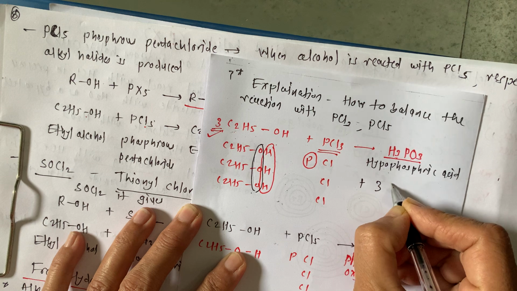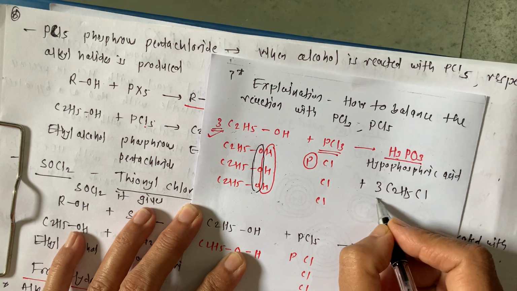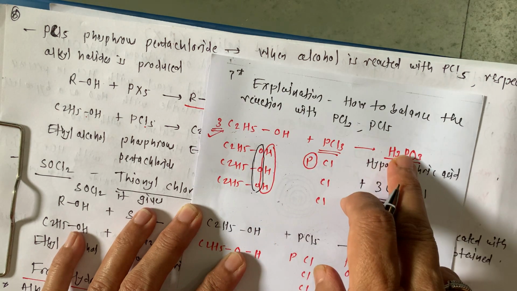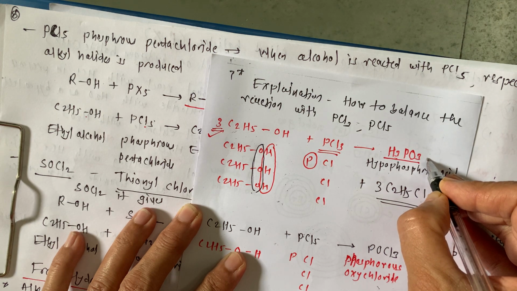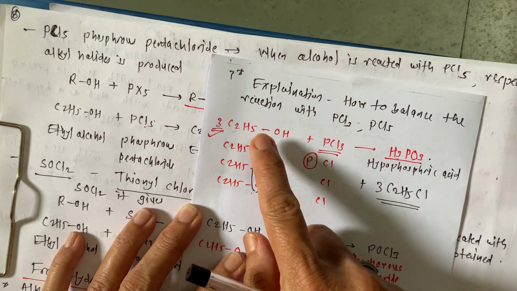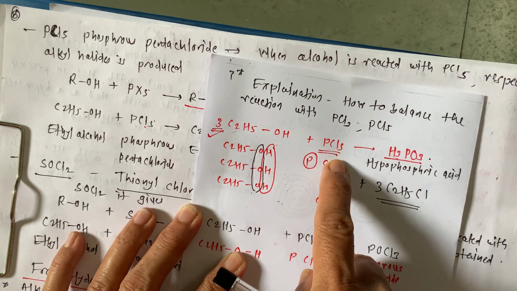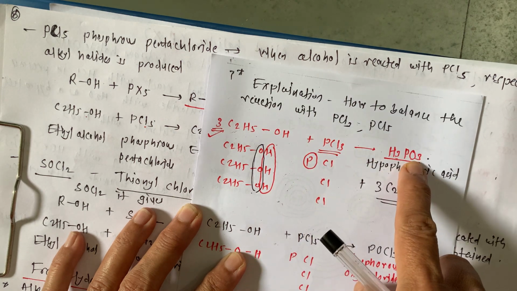So the product is 3 ethyl chloride. This is our product. Are you getting this? How to balance the reaction? First of all, you have to remember H3PO3 is the byproduct when you are treating ethyl alcohol, or any alcohol, with PCl3. So you have to remember this thing.